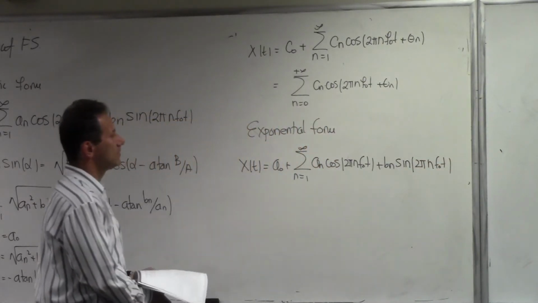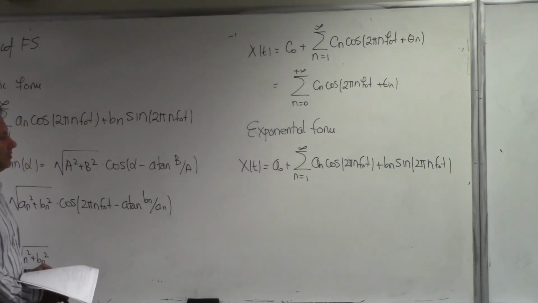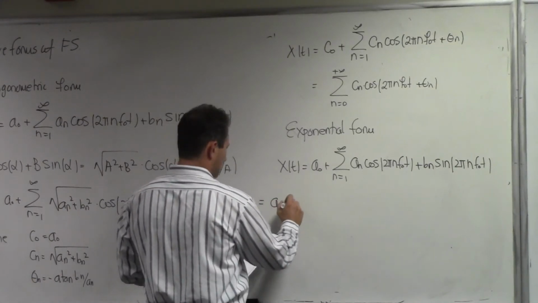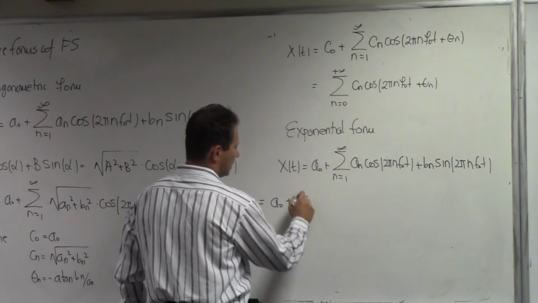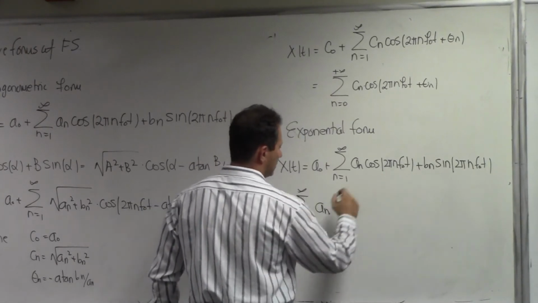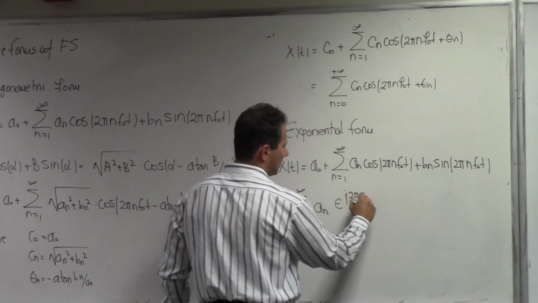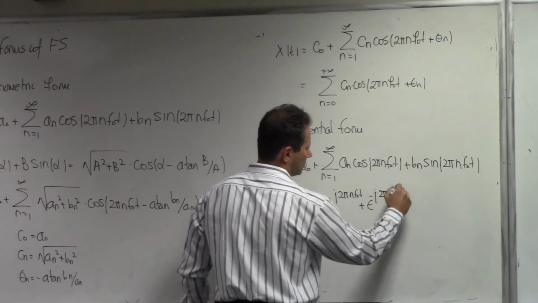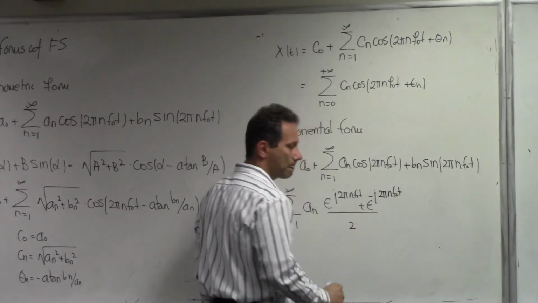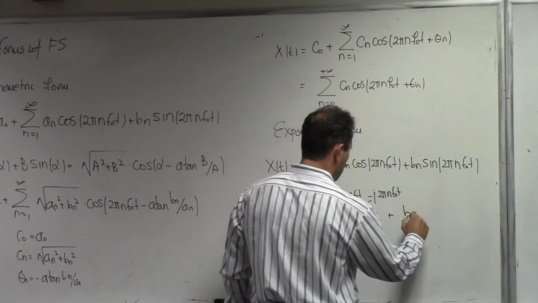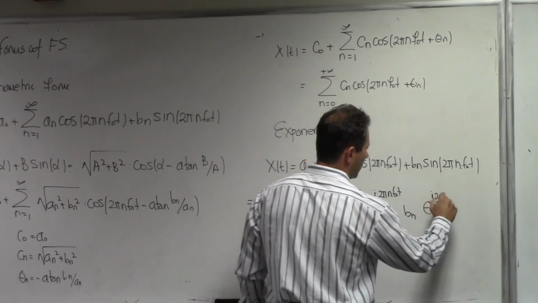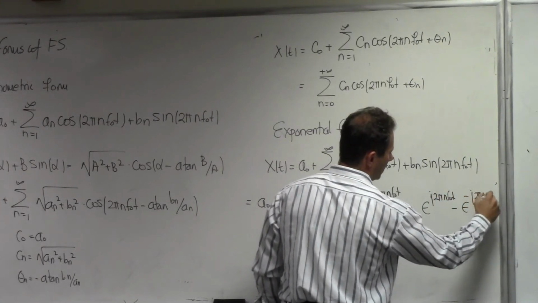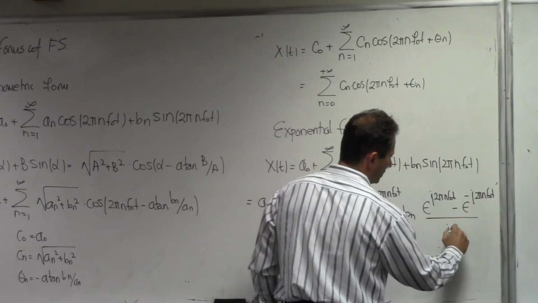And then we start transforming this formula into just exponentials. So how do we do that? We say this is equal to a0 plus sum when n goes from 1 to infinity, an, instead of this cosine, I have e to the j 2 pi n f0 t plus e to the minus j 2 pi n f0 t over 2, and then plus bn times e to the j 2 pi n f0 t minus e to the minus j 2 pi n f0 t divided by j2.